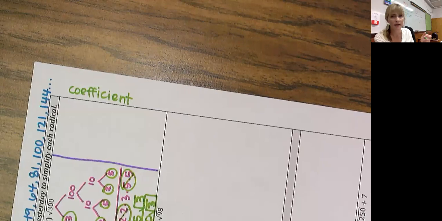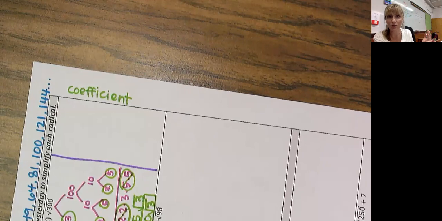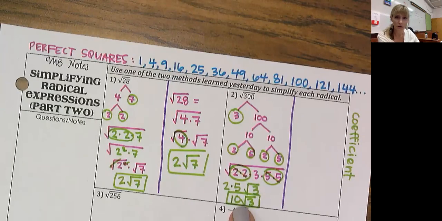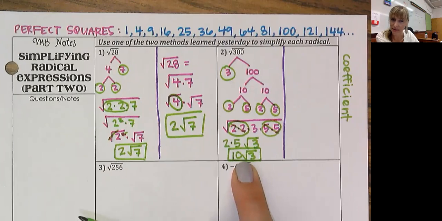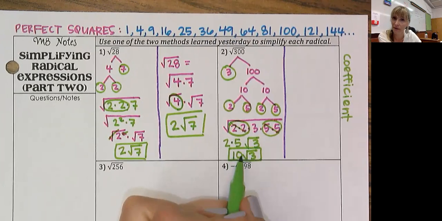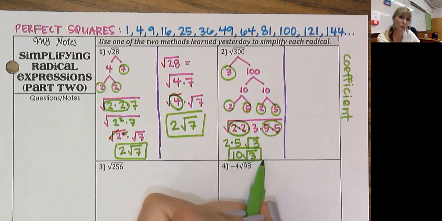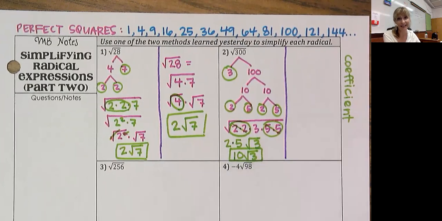So like when we said 5x last year, the 5 was the coefficient. It's a coefficient on x. Radicals often end up with coefficients. These pieces that get to actually come out of this through a square root, the pieces that we actually take the square root of, become coefficients on the front. So this 10 is the coefficient, and the 3 is the number left inside.